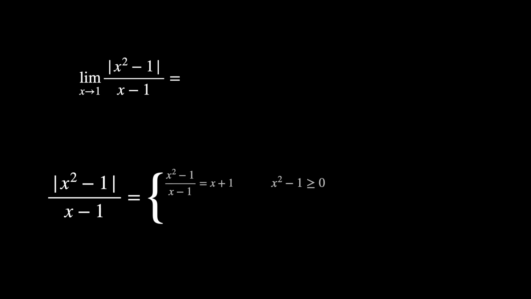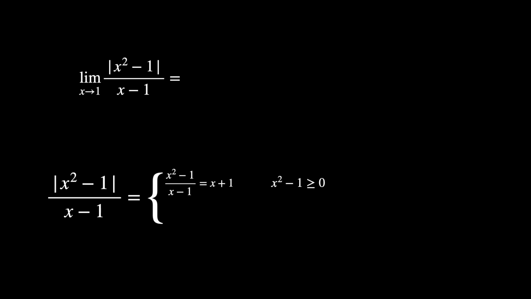Okay, let's solve this example. Limit of absolute value of x squared minus 1 by x minus 1. Again, what we need is to find the piecewise form of this function. Using the definition of absolute value, it's going to be x squared minus 1 by x minus 1 when x squared minus 1 is greater than or equal to 0.